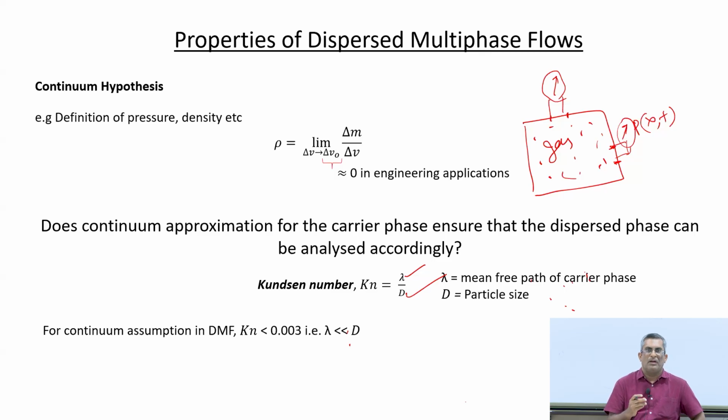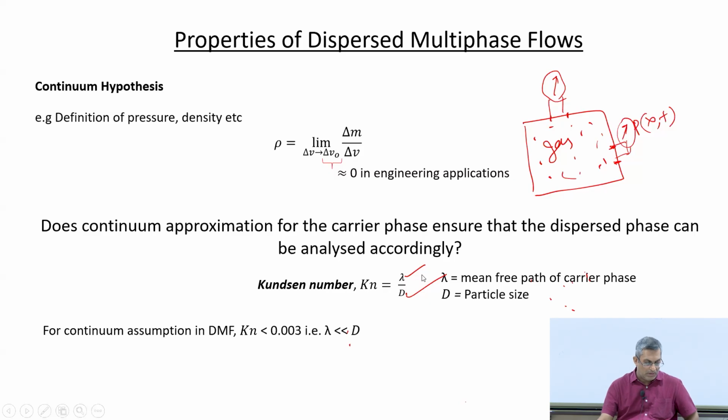So in this example that I gave, where I released one particle in the flow, the particle size must be much larger than the mean free path. Then we can assume that yes, we have the continuum hypothesis valid here also. But obviously it depends on the particle size that you are considering.